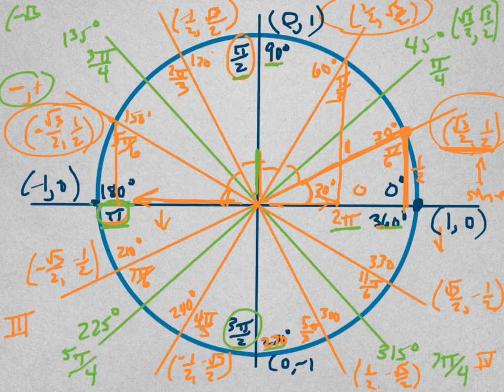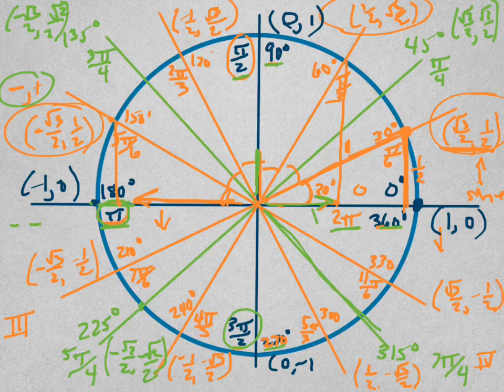So it's negative √2/2 and then positive √2/2. This one right here, both the signs are negative, right? Because we're in the third quadrant. So it's a negative √2/2 comma negative √2/2. This one right here in the fourth quadrant is a positive and a negative because it's right and then down. So it's √2/2 comma negative √2/2.